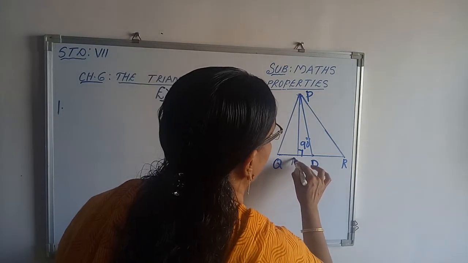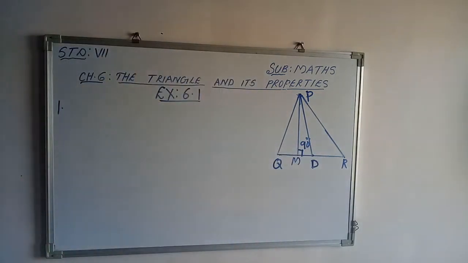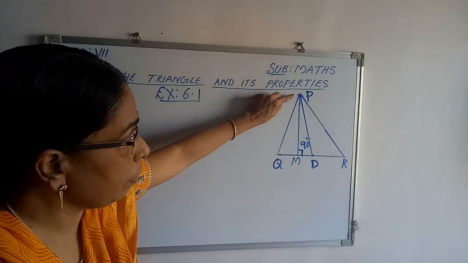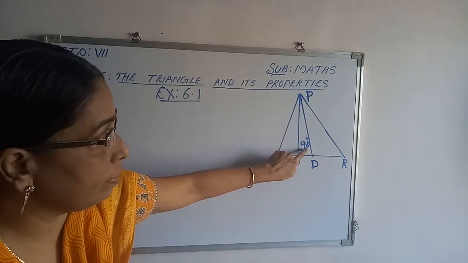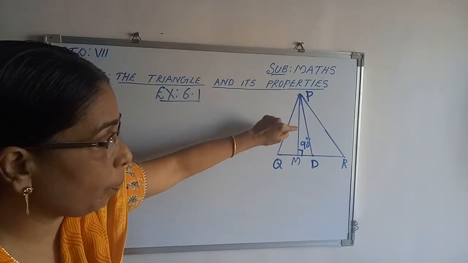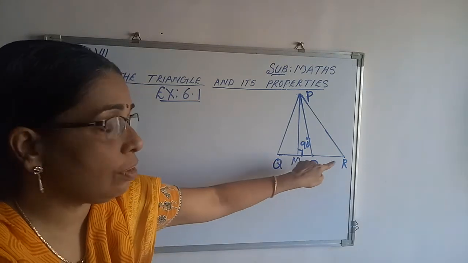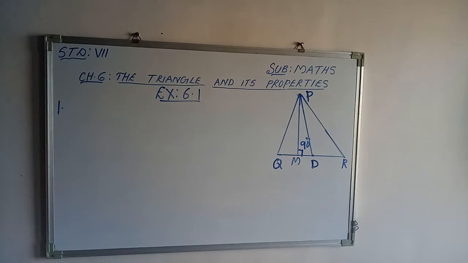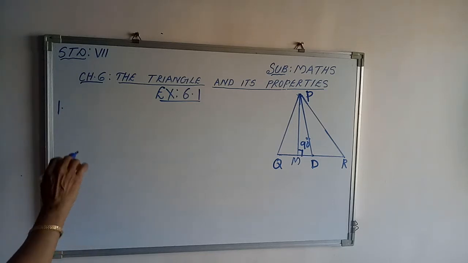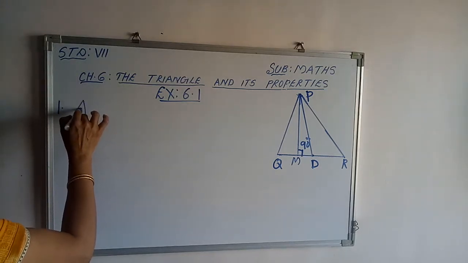This is M. We can see the line segment PM makes an angle of 90 degrees, or we can say that the line segment PM is perpendicular to the side QR. So we have seen that the line segment drawn from one vertex to the opposite side, which makes an angle of 90 degrees, or which is drawn perpendicular to the opposite side, is called an altitude. So what is PM? PM is the altitude.